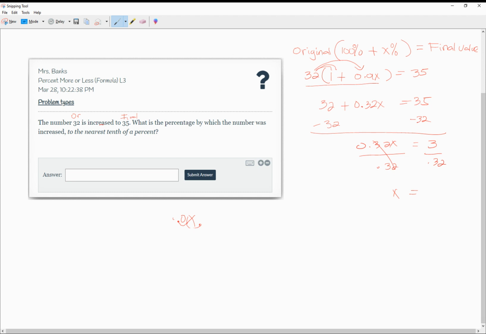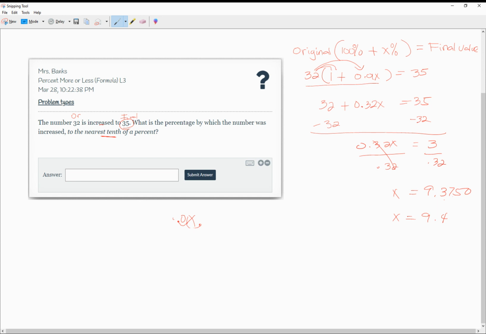I don't have a calculator, so let's try: 9.375. So that's the answer when you divide. However, it says nearest tenth, so that means one decimal place. So x equals 9.4 because that 7 is greater than 5. Therefore, you increase by 9.4% to make it 35.